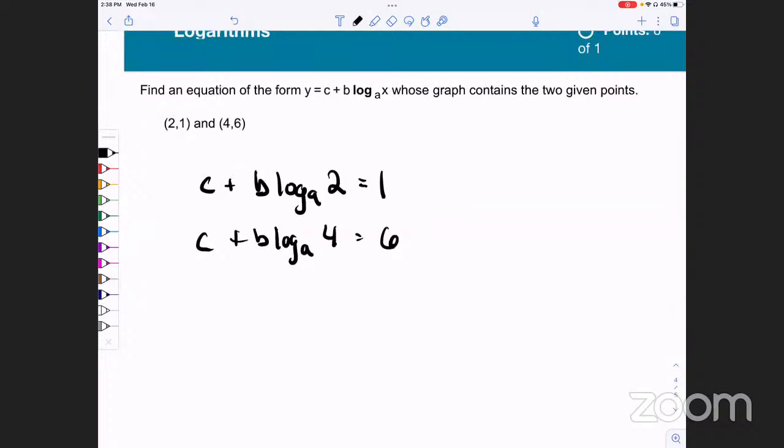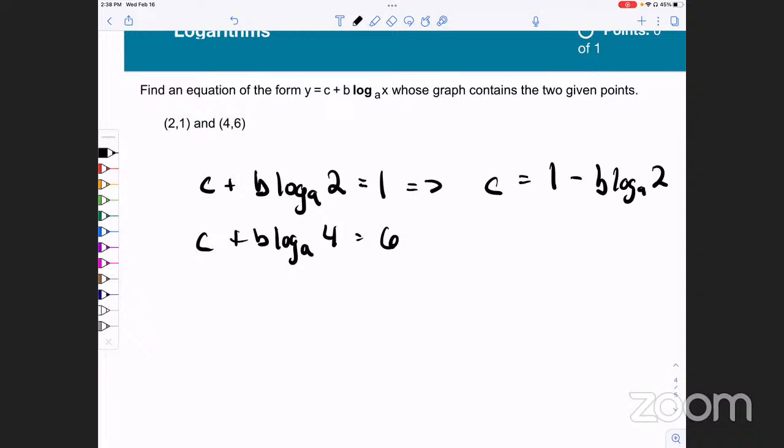Then I used a substitution technique, where I solved for C from the first equation. If we subtract B log base A of 2 from both sides, we get that C equals 1 minus B log base A of 2, so we get C by itself.